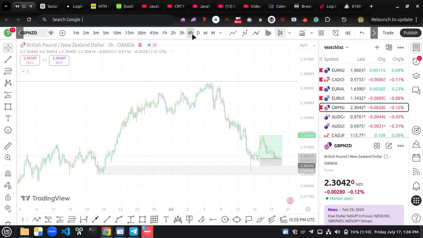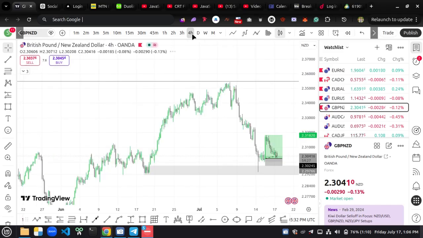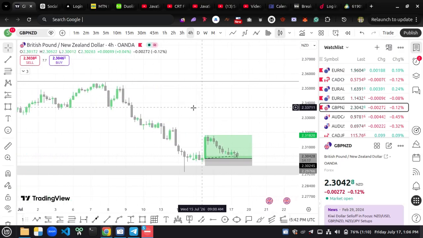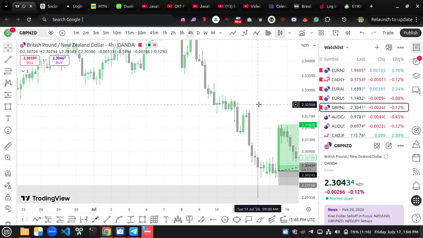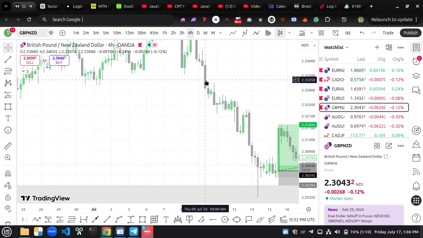I mentioned that every candlestick in a particular time frame is formed completely at the hour or minute of that time frame. This is what I mean: every candlestick you are seeing on this screen took 4 hours to complete. That means from this candle to this candle will be 4 hours.